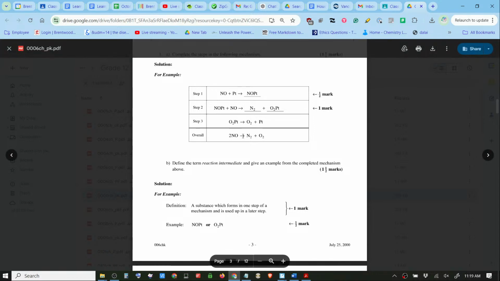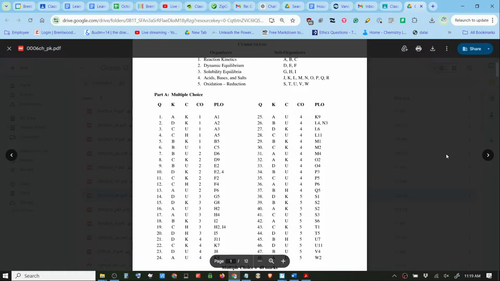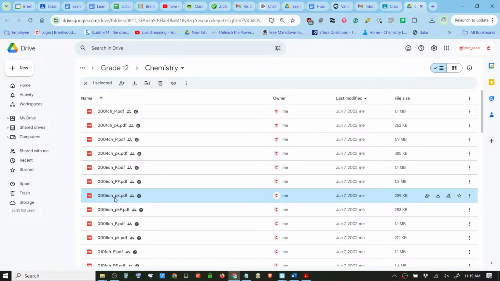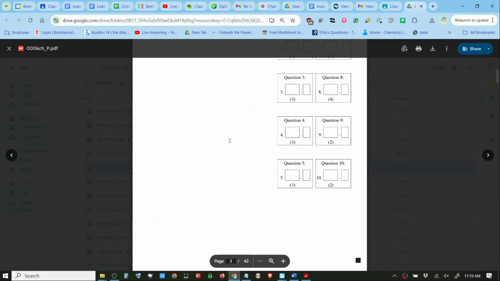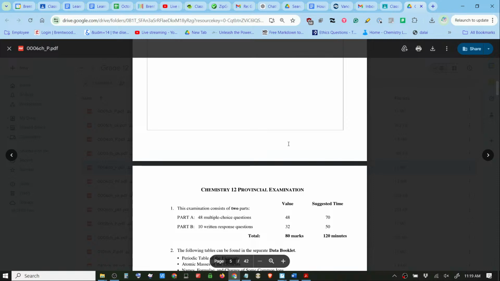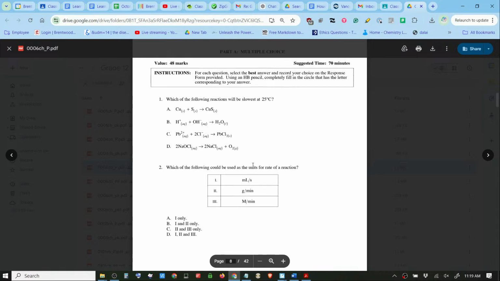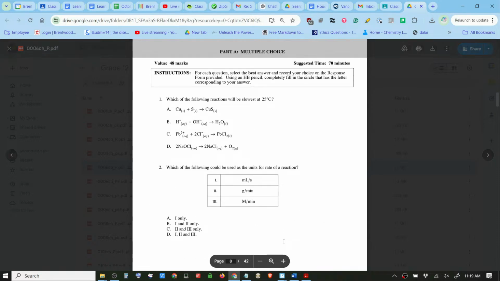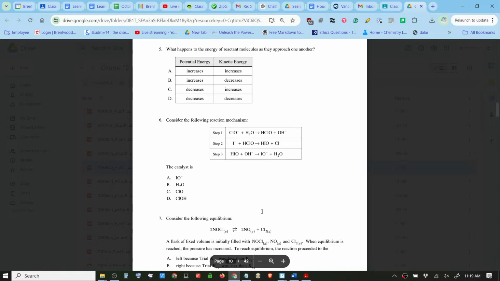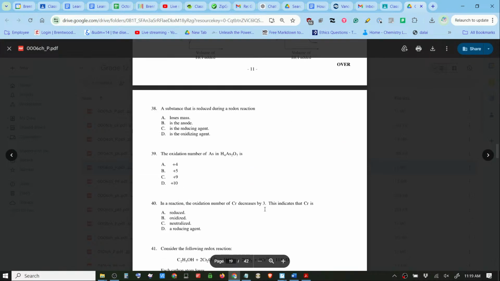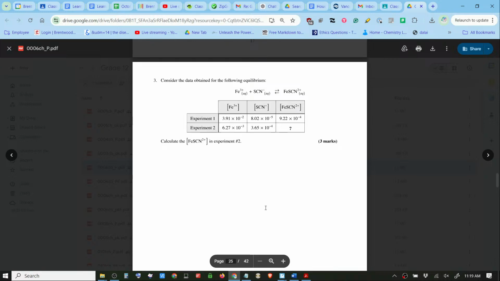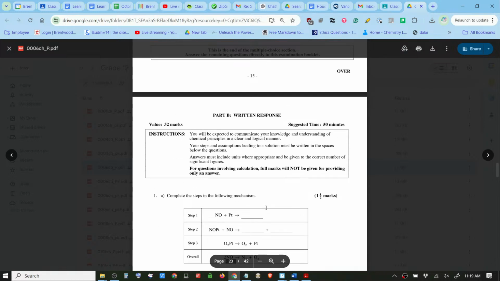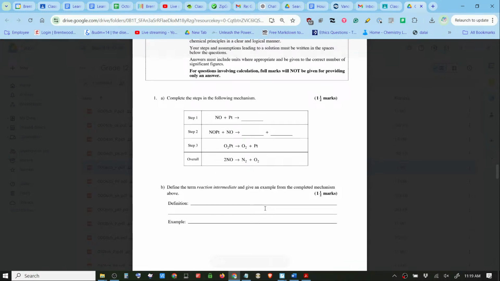Oh, look. So let's do that one. 0006. And we should be able to do right here. Which of the following reactions would be slowest? So 1, 2, 3, 4, 5, 6. And then if you go to the long answer, complete the following steps in this.